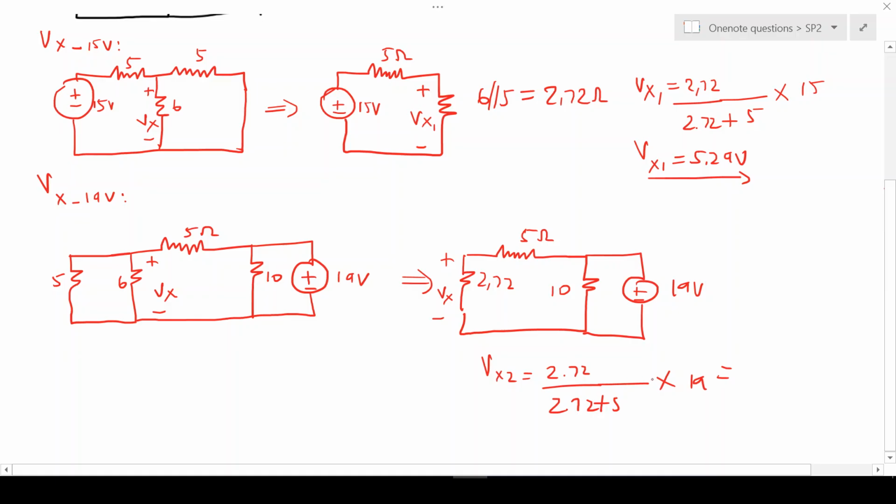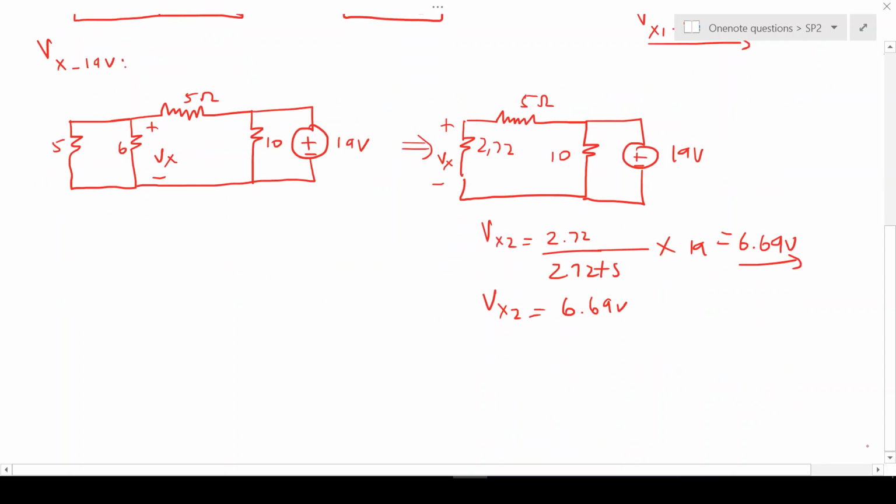And that gives us a value of 6.69. Right, so Vx2 is 6.69 volts.